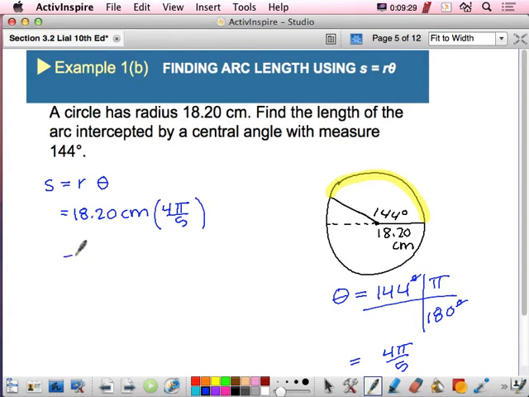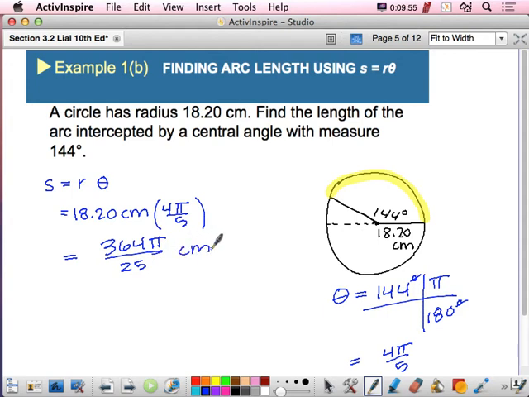First we'll write it exactly. So let's see what we get there. 18.20 times 4 divided by 5 gives me, did you guys get 364 pi over 25? Yes. Okay, 364 pi over 25, and that's the exact value of the centimeters.